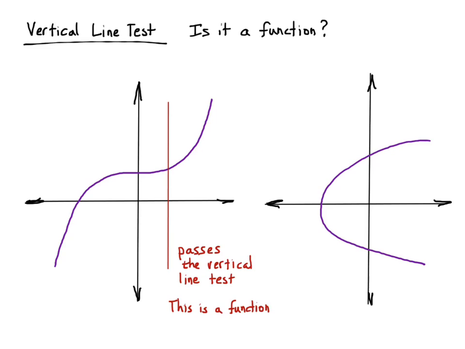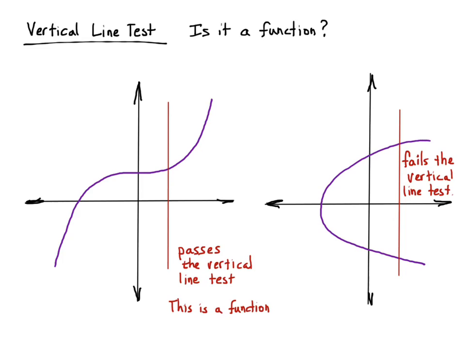Because for any value x, this is what the function equals. If you took the vertical line test on this particular one, this value of x corresponds to two values in y. So this is not a function. You think of the vertical line test as a way to decide, if you only have a graph, whether you have a function or not.